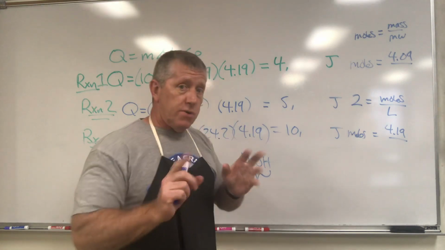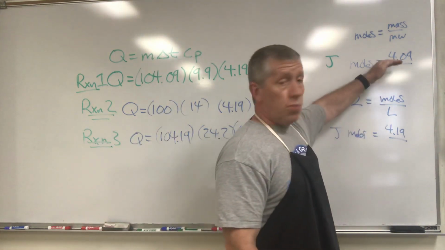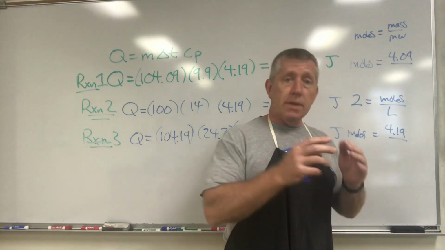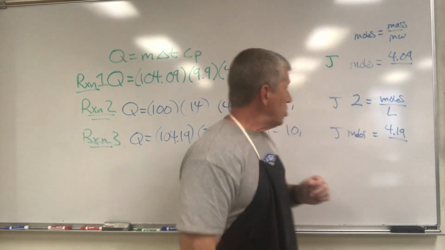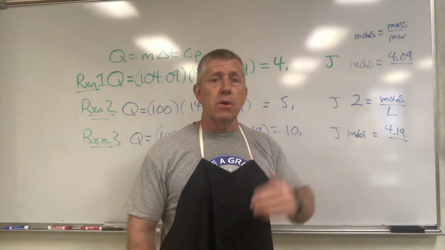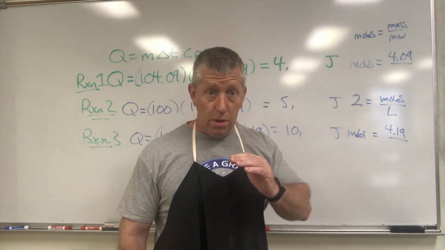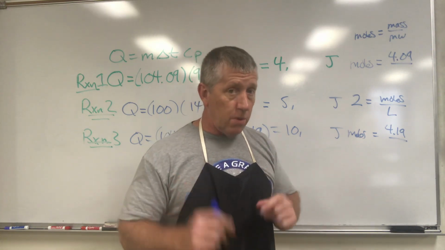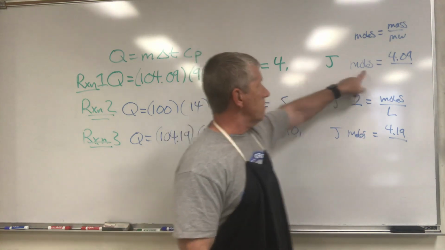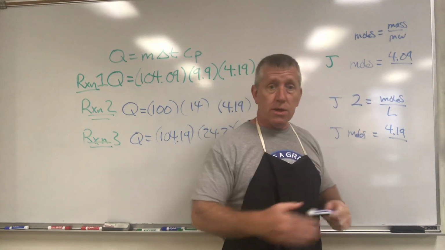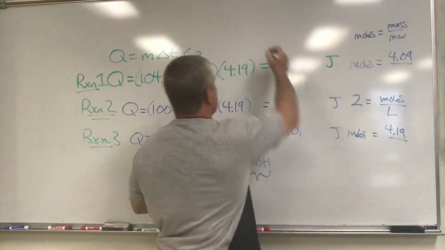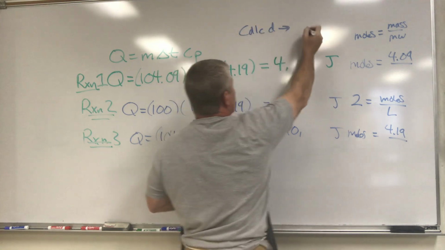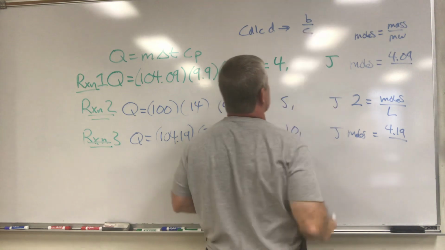Calculation C gives you how many moles of sodium hydroxide we used in each of reactions 1, 2, and 3. So now what we want is the amount of joules per mole for the sodium hydroxide reaction. So for calc D, you take calculation B and divide it by calculation C.